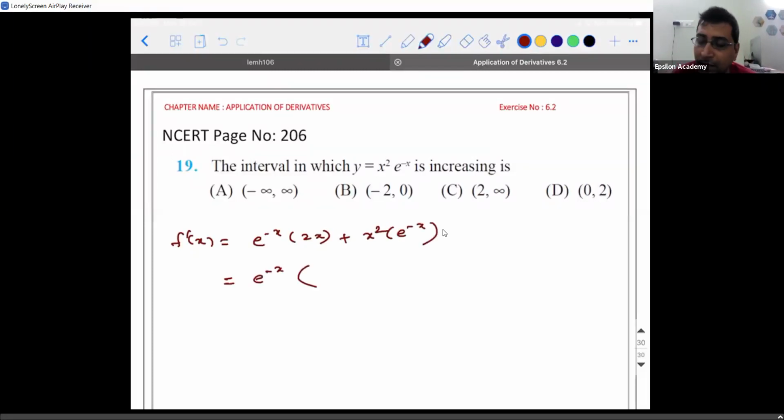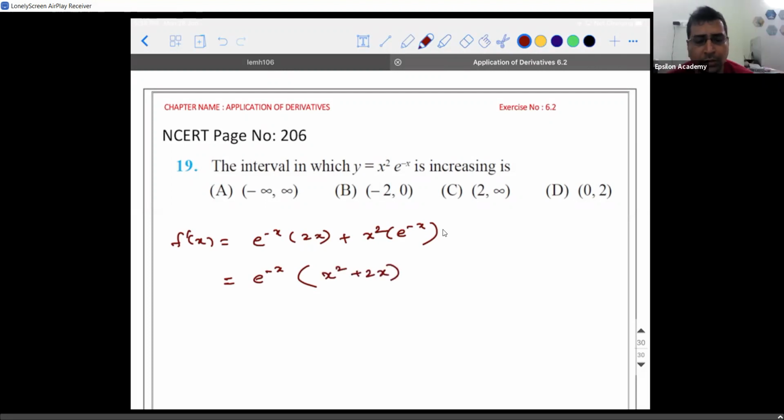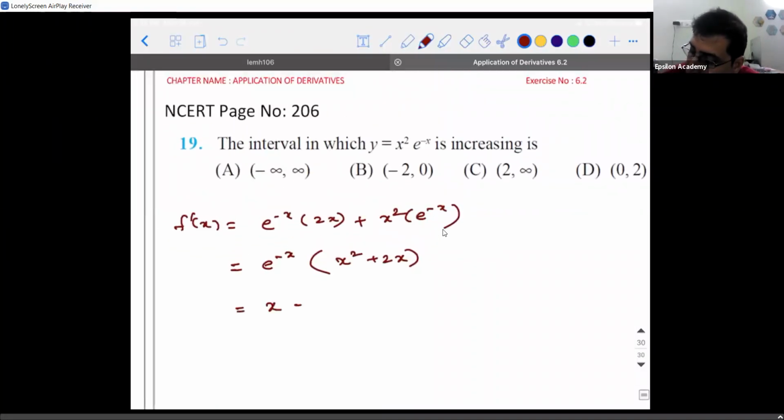So e power minus x I'm going to take common. You can also take x common, sir. I took x square plus 2x. So you can take x into e power minus x into x plus 2. Yeah, anything will be the same. So x into e power minus x into x plus 2.